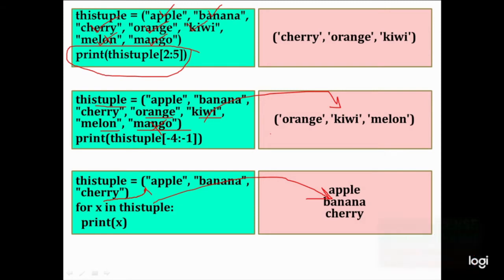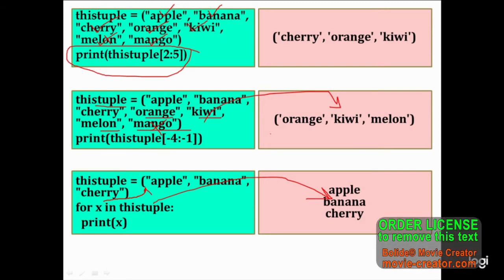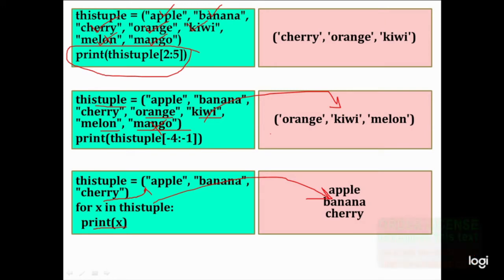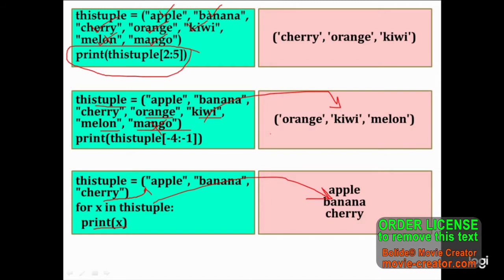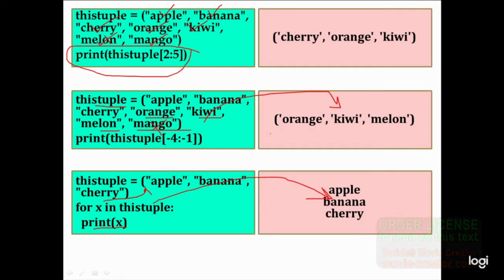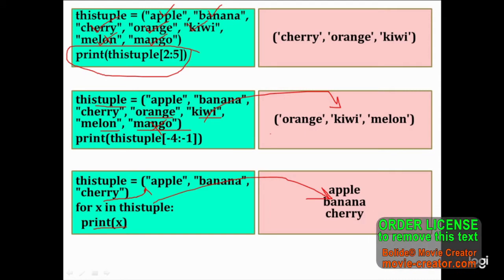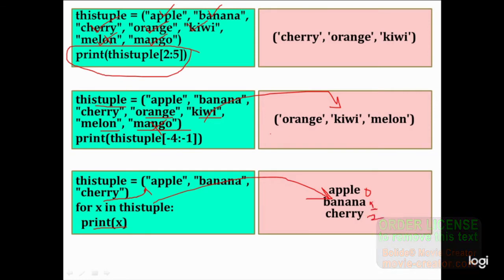Here the instruction is given to print x. X is the for loop variable, holding all the tuple items, but it will print according to the for loop in an iterative way. First position 0, then the for loop increments by 1 every time, then position 1 and position 2.